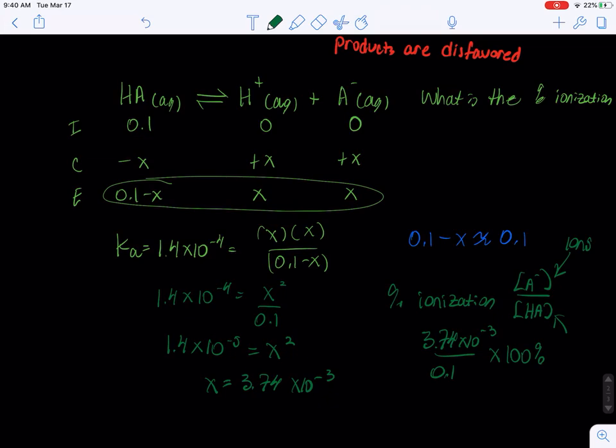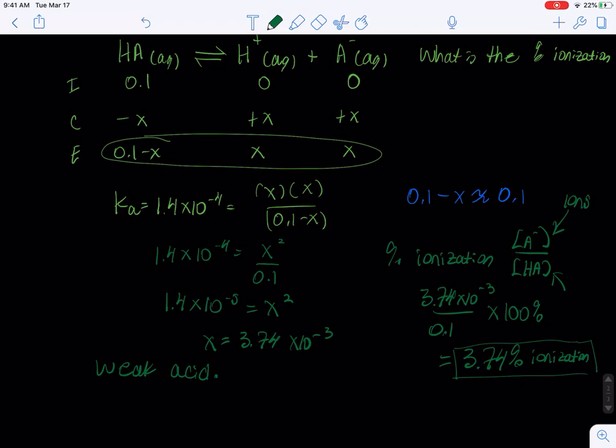We multiply by 100 in our calculator to convert that to a percent, and what I get is 3.74%. Since this acid is very little ionized, we say it's a weak acid. Since there are very few ions in solution, we say that it's a weak electrolyte.